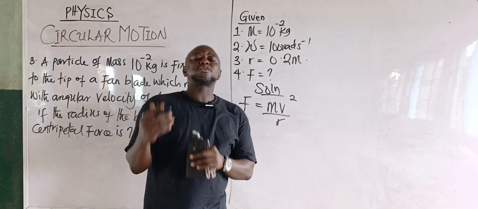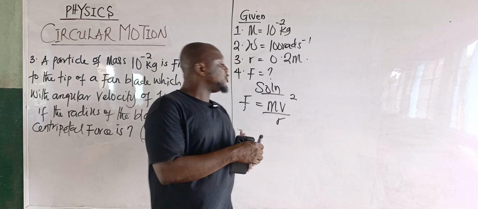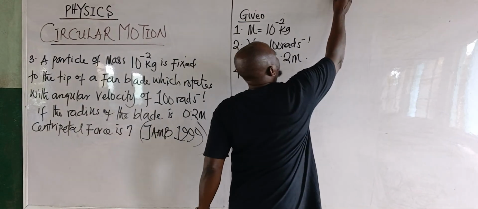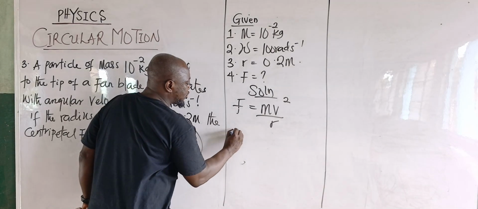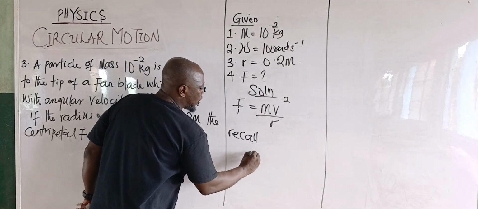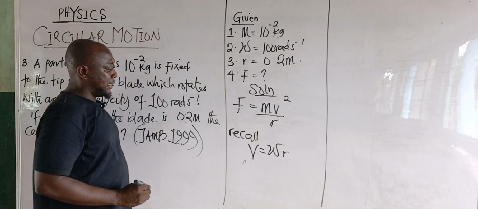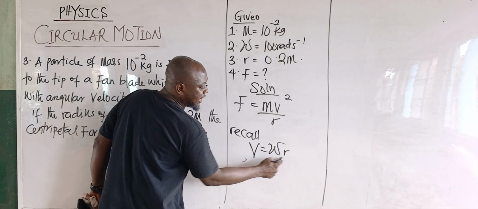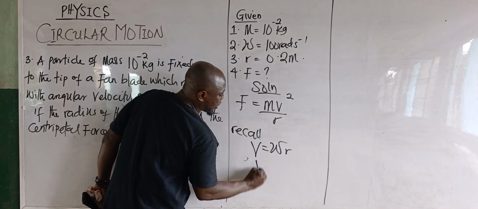I already told you how to look for v, r, and omega if you are not given them. Recall that my v becomes my angular speed times the radius. I already have these, so I just slot in my values.